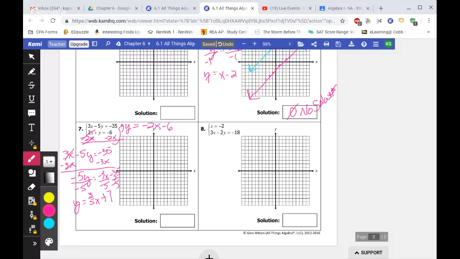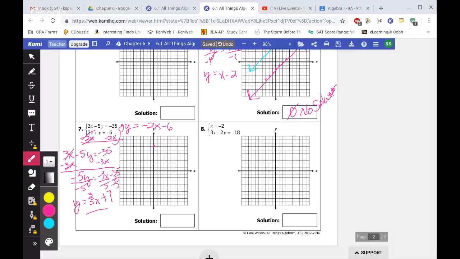All right. And now I'm ready to graph the line. Okay. So this line here, the y-intercept is 7. So I'm going to count up 7. 1, 2, 3, 4, 5, 6, 7. And now my slope is 3/5.